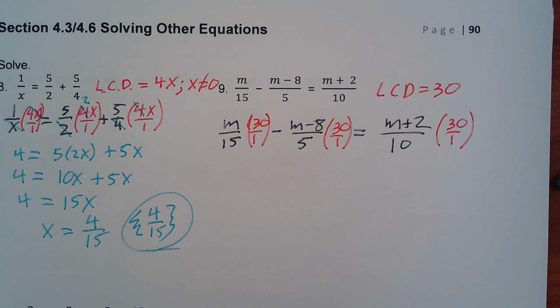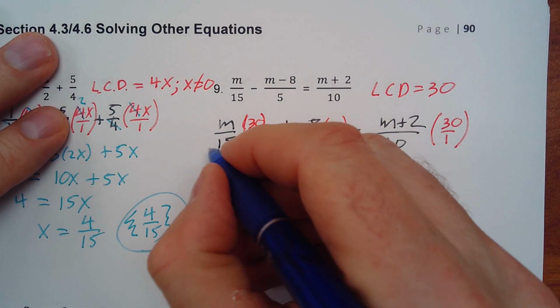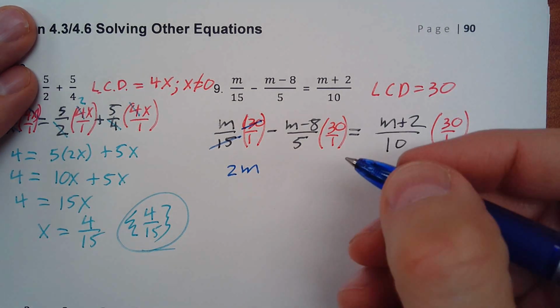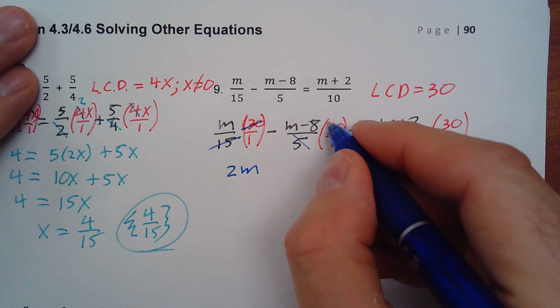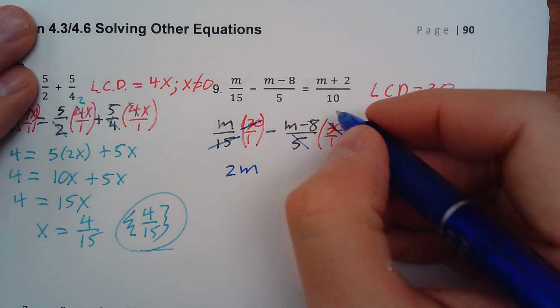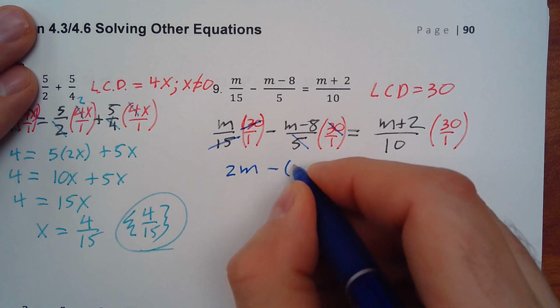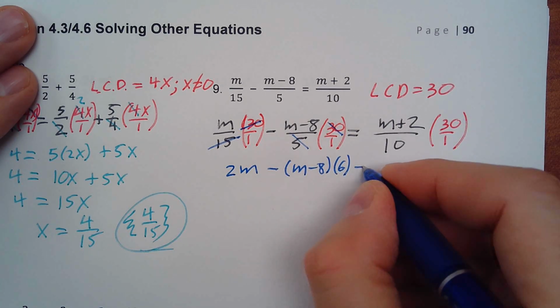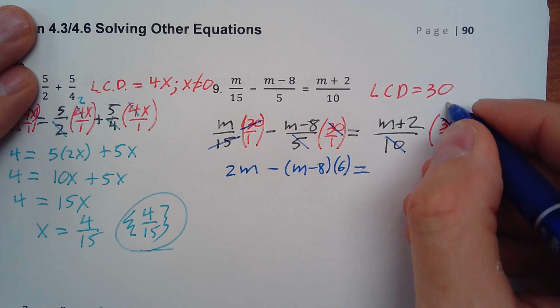Looking at this one, 15 goes into 30 twice, so that gives me a 2m. 5 goes into 30 6 times. And then 10 goes into 30 3 times.